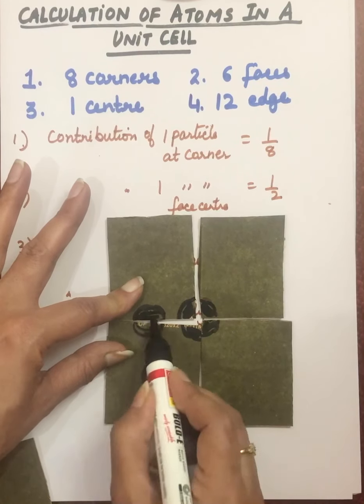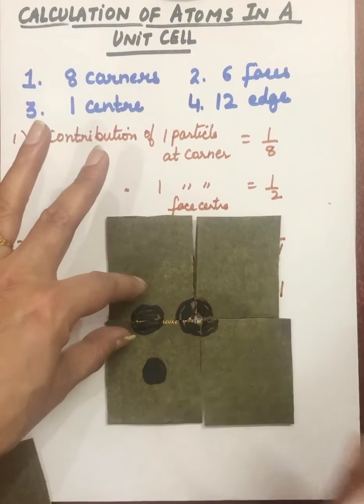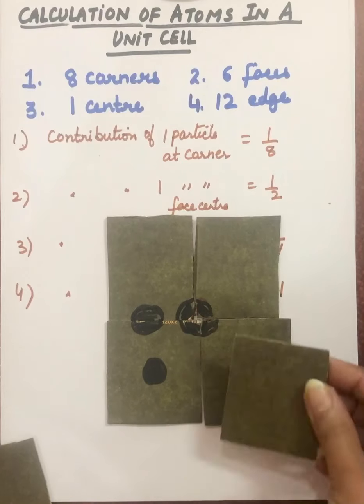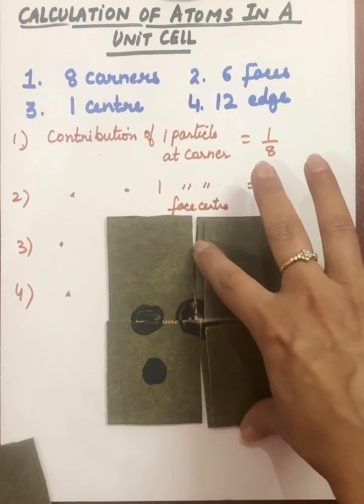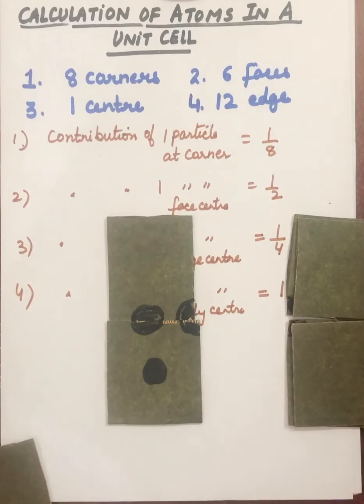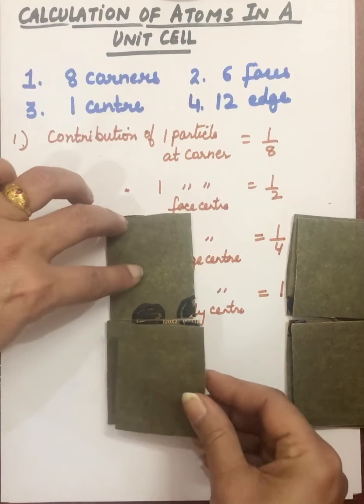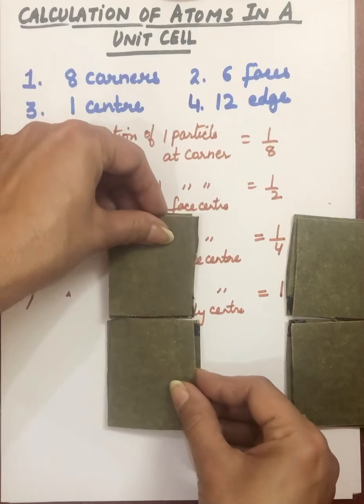A sphere is here at this edge. Now this particle which is here at the edge is not touched by these 4 unit cells at all. But it is shared by this unit cell plus the one which will come at the top of this and the one which will come at the top of this.